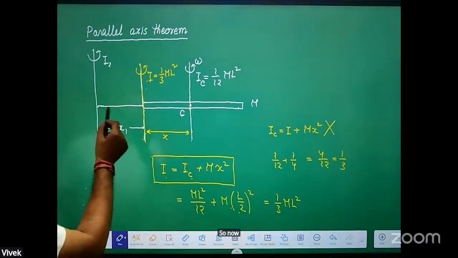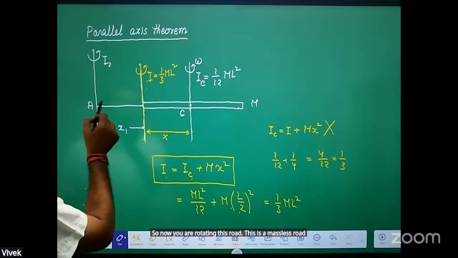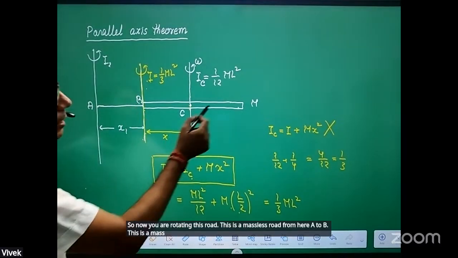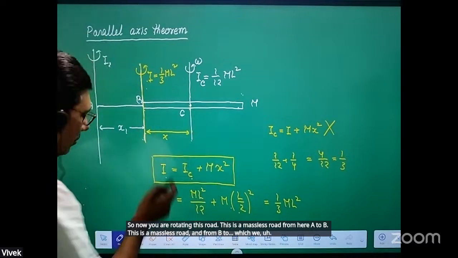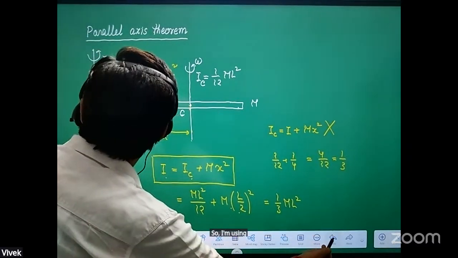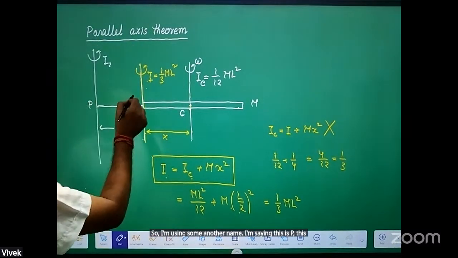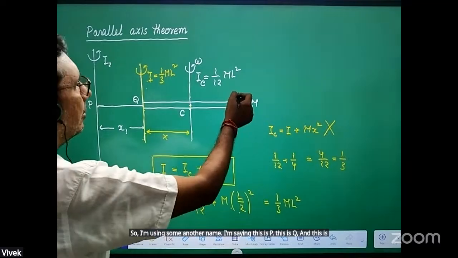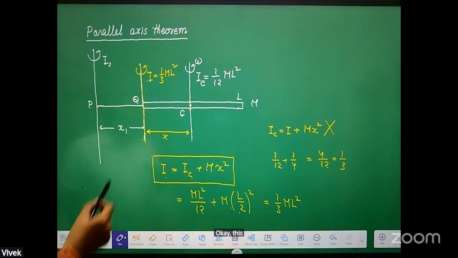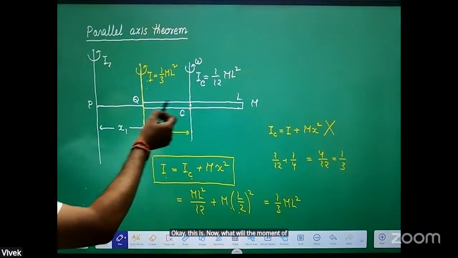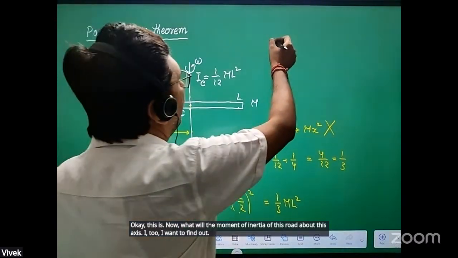From A to B, this is a massless rod. I'm using some other names: this is P, this is Q, and this is L. Now, what will be the moment of inertia of this rod about this axis? I2 I want to find out. What will be I2?